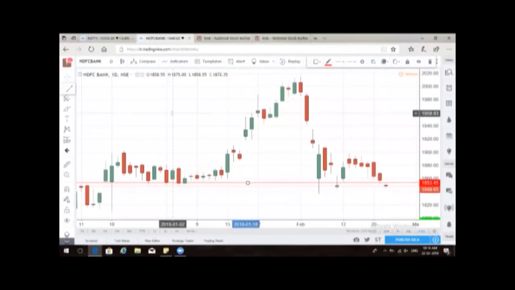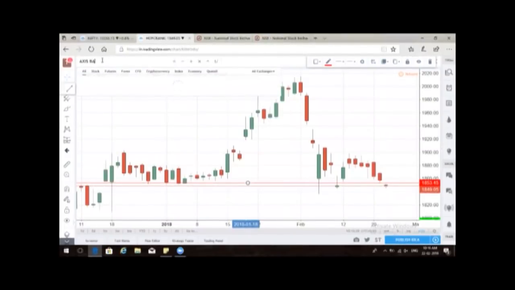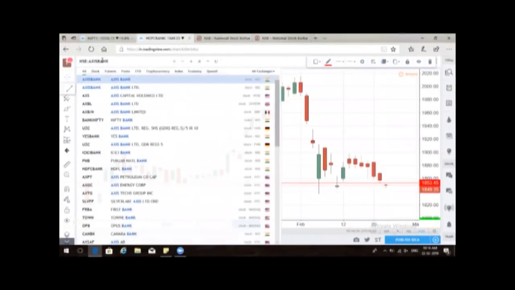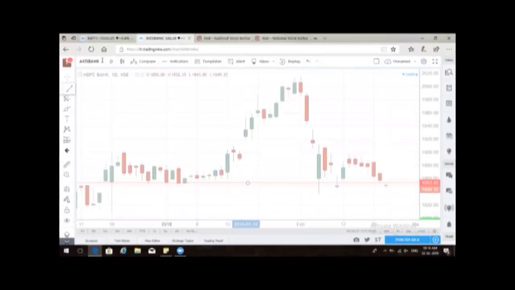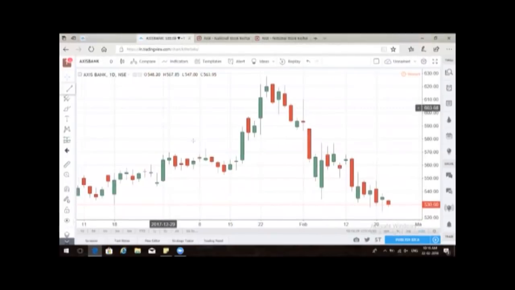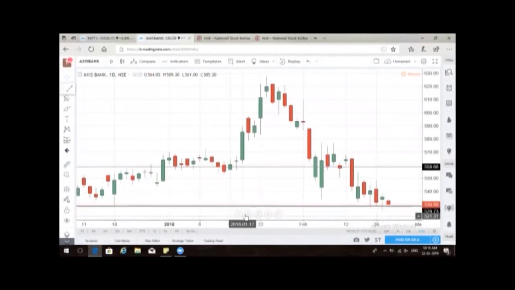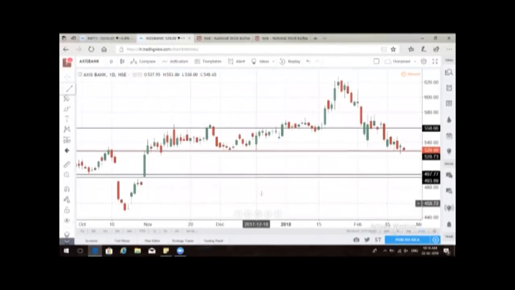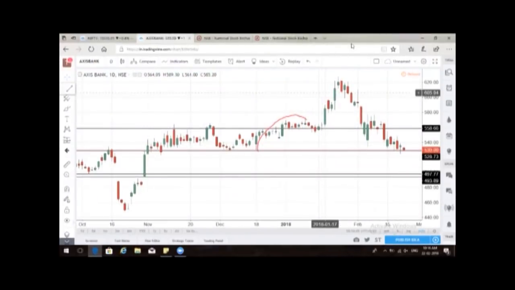Now HDFC Bank is weak, Kotak is strong, IndusInd is strong. So we need to understand who else is strong and providing support to Bank Nifty. Taking out Axis Bank: when I remove Axis Bank, that is also weak and almost in its support zone. Then we try to see ICICI Bank.